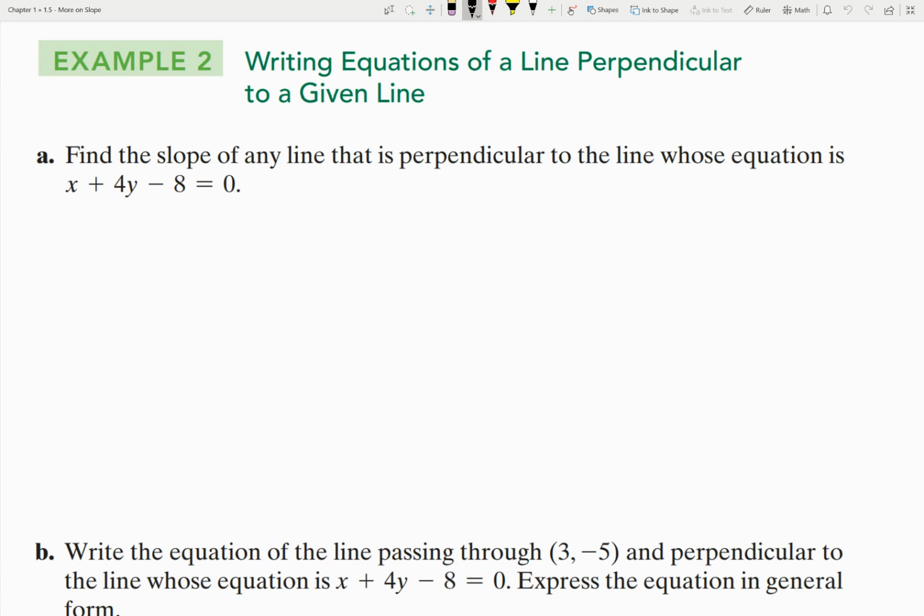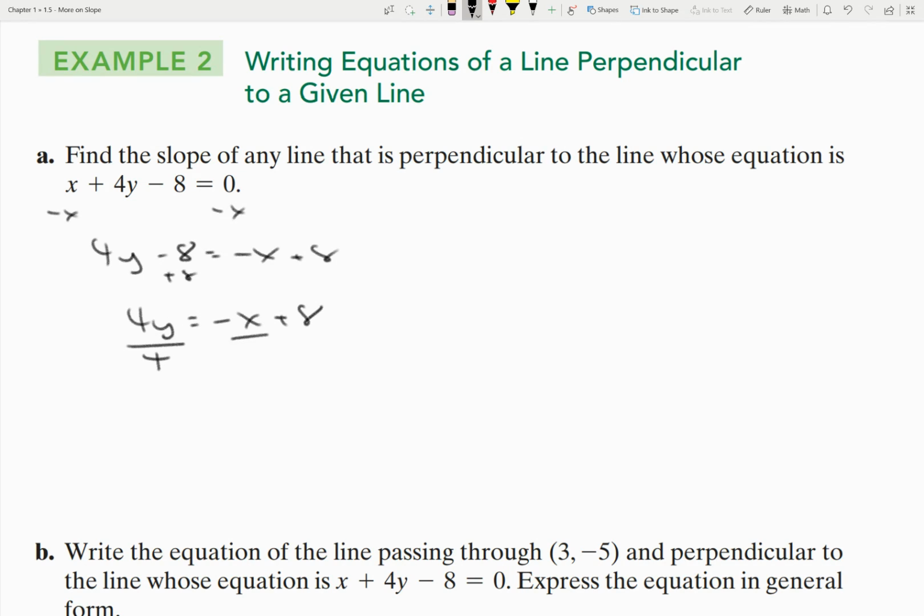In order to figure out the slope, I just need to put it into slope intercept form. So I'm going to subtract x from both sides to give me 4y minus 8 is equal to -x. I'm going to add 8 to both sides. So 4y is equal to -x plus 8.